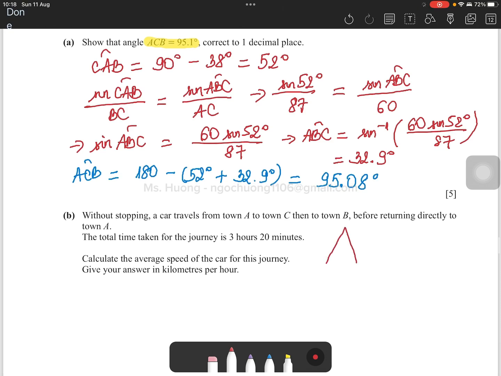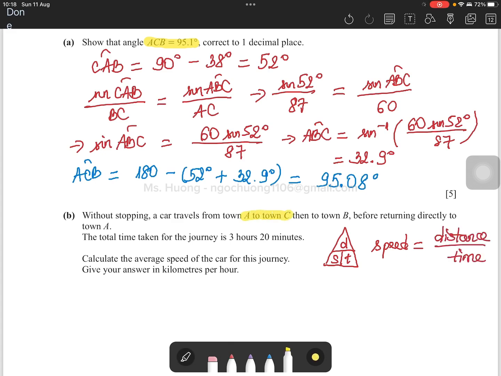So according to the DST triangle, if we want to find the speed, then we need to divide the distance by the time. In this case, the distance means we travel from town A to C. This is AC.